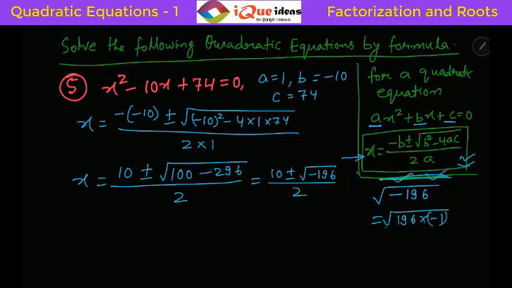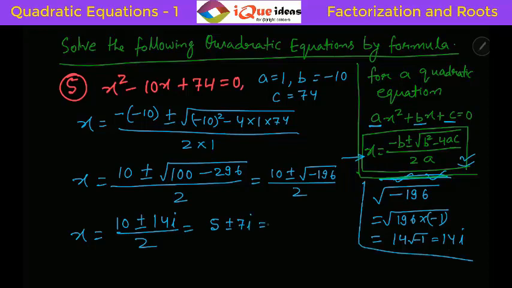Okay, now 196 is square of 14, so it is 14 outside, 14 root of minus 1, and root of minus 1 is given as i, so it is 14i, right? So that means x is equal to 10 plus minus 14i divided by 2. So if you divide by 2, it will be 5 plus minus 7i. So as you can see very clearly that it is 5 plus 7i and 5 minus 7i, right?